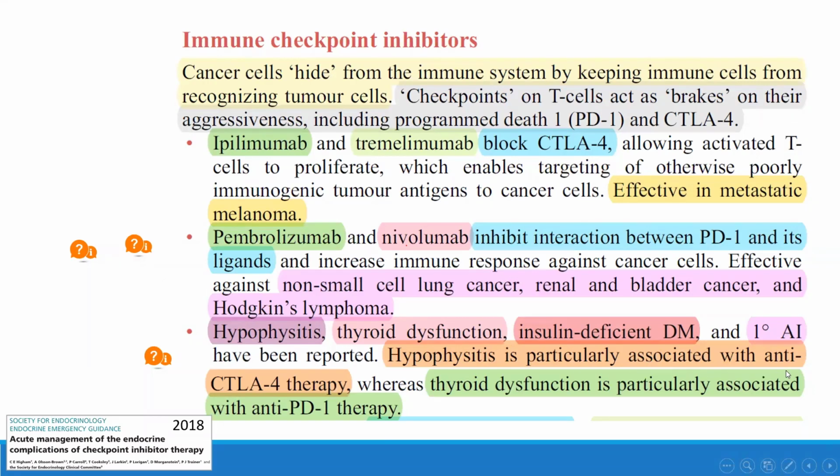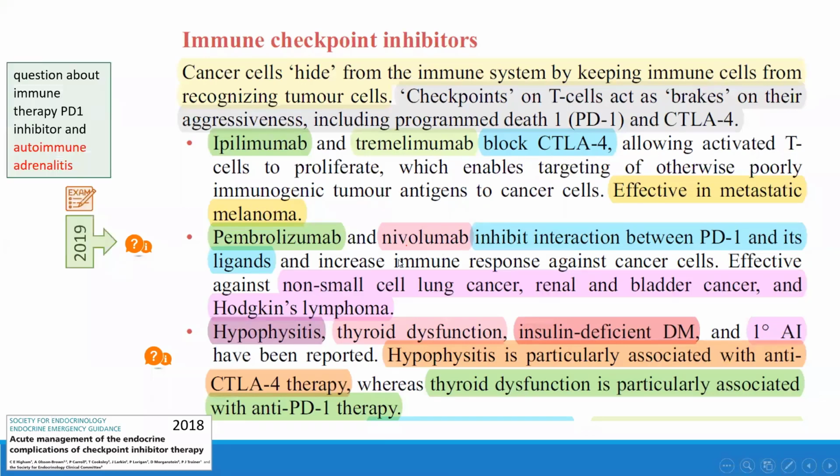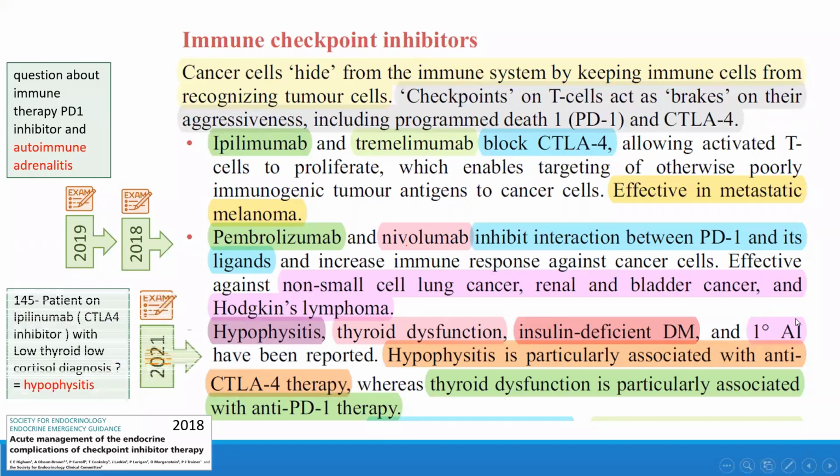Hypophysitis is particularly associated with anti-CTLA4 like ipilimumab, but thyroid dysfunction is particularly associated with nivolumab. Adrenal insufficiency is associated with both drugs, but mostly with nivolumab. In our previous exam, they asked about nivolumab, an immune therapy PD-1 inhibitor, which can cause primary adrenal insufficiency.